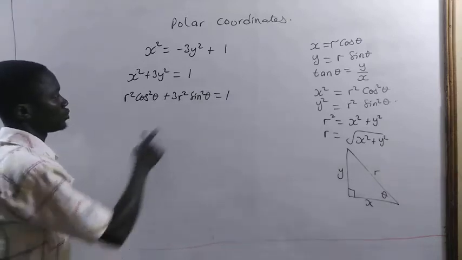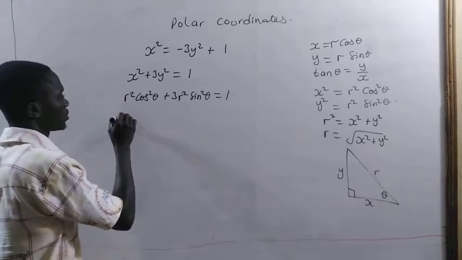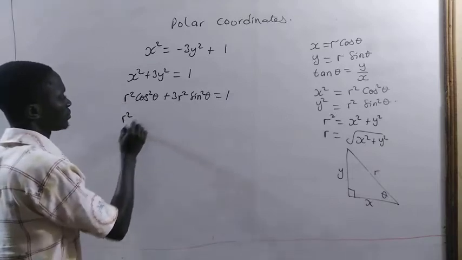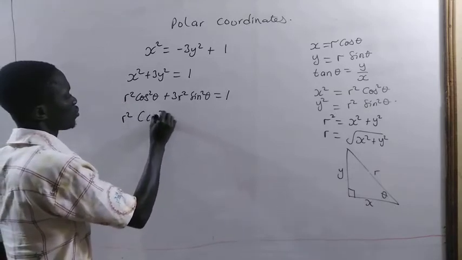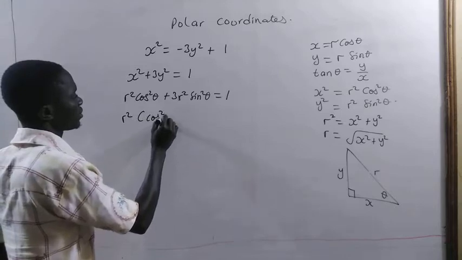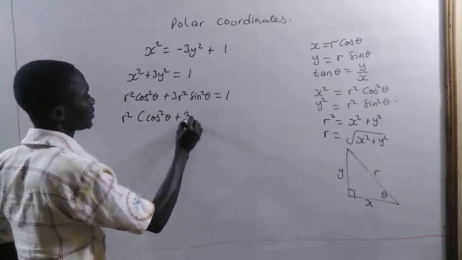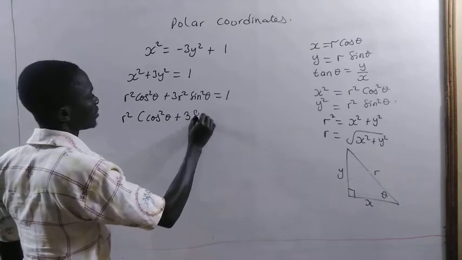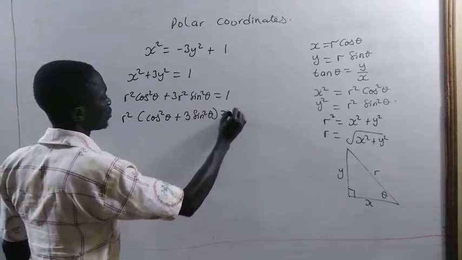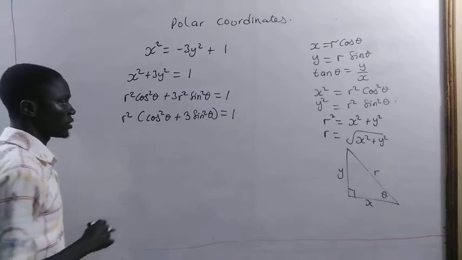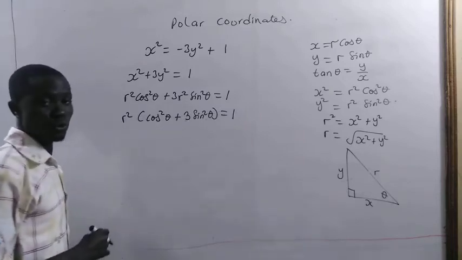Now what can we do? We can factorize r squared out. So we have r squared times cosine squared of theta plus 3 sine squared of theta equal to 1. Now, let's express this in terms of cosine.